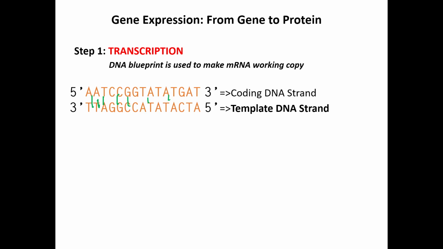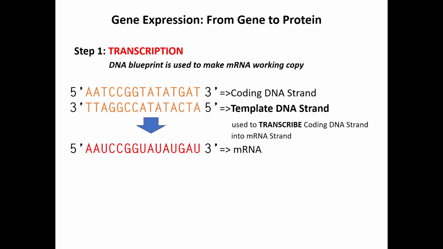Now we use the DNA template strand to transcribe it into the messenger RNA strand, which results as an exact copy of the DNA coding strand. So this is the process, transcription of the template DNA strand into a messenger RNA molecule.